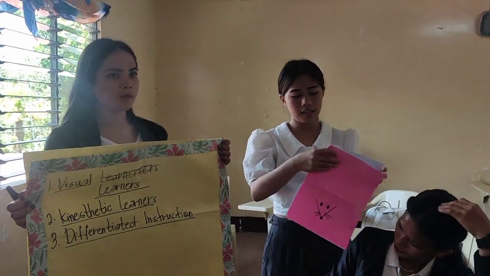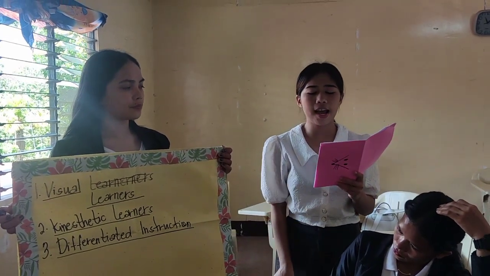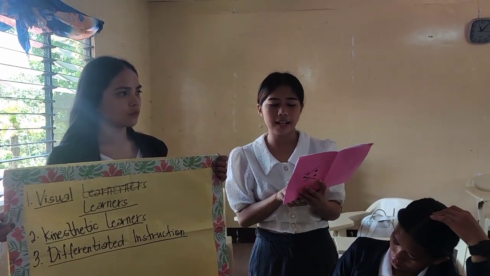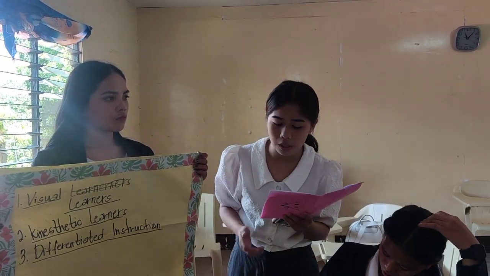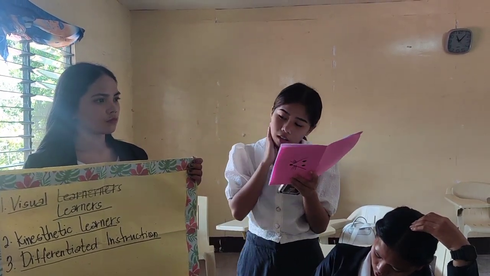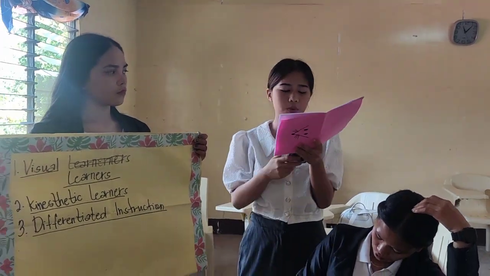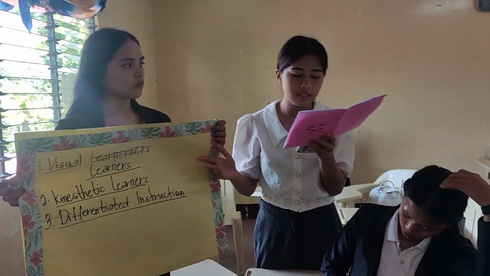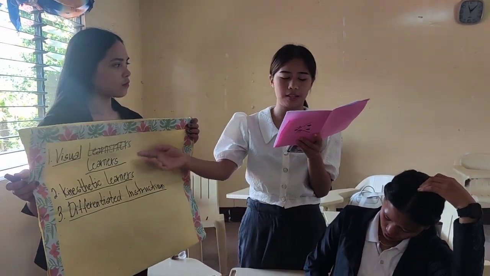So the accommodative learning style is hands-on and relies on intuition rather than logic. The first strategy is visual learners. These learners prefer visual aids such as charts, diagrams, and images to understand and remember information effectively.